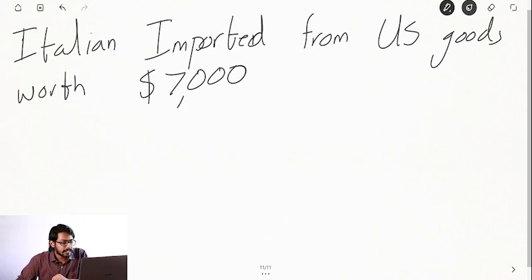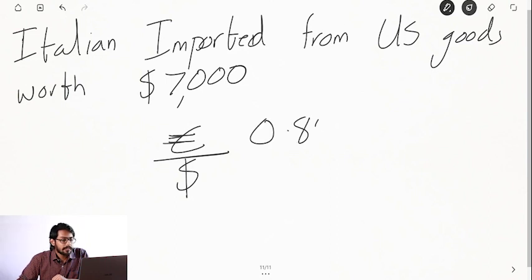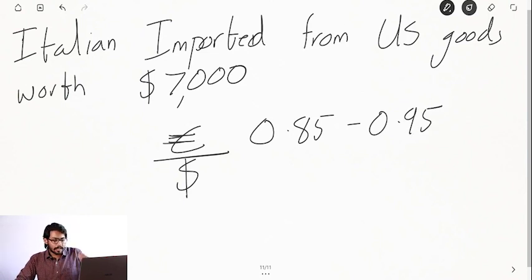The exchange rate is euro by dollar, 0.85, 0.95. Italian importer imported from US goods worth $7,000. The rate is euro by dollar, 0.85, 0.95. Find the payment in euro.